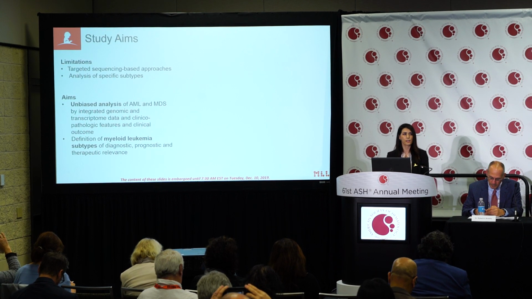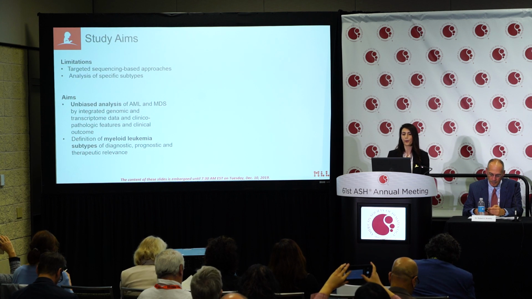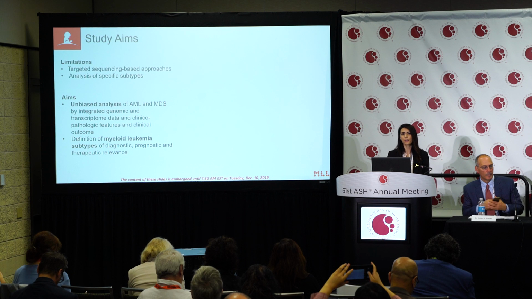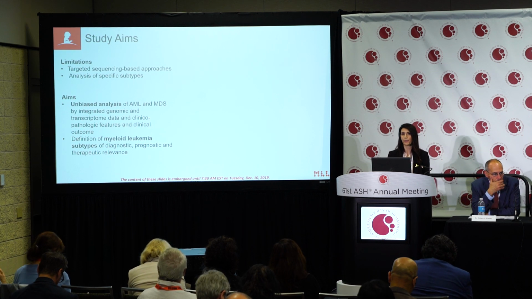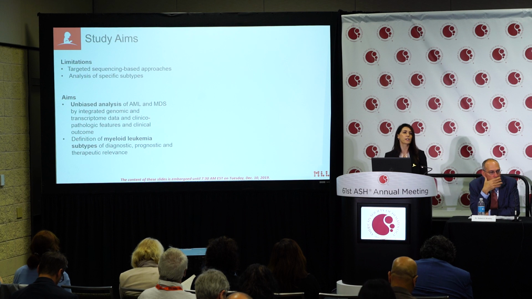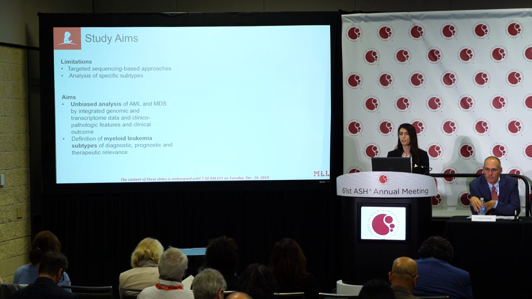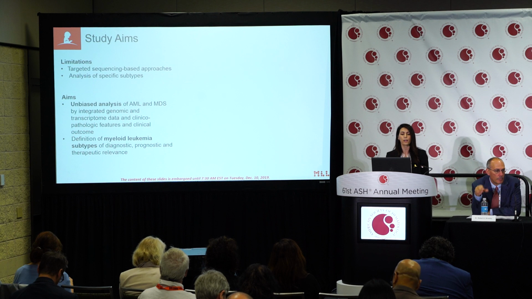However, most of these studies have focused on targeted DNA sequence-based approaches or have been limited to the analysis of only some specific leukemia subtypes. We know that integrative genomic analysis, including genetic mutations, gene expression, and structural genetic changes, may reveal important insights into leukemia classification and outcome.